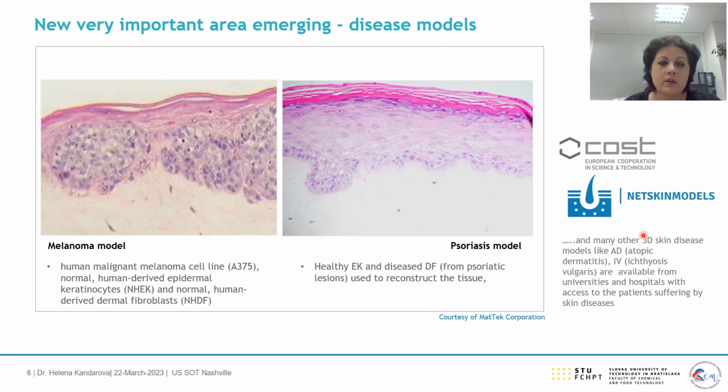Here I would like to mention a new project that has been launched this year. It is a consortium that is organized under the COST initiative. It's called Net Skin Models, and this is a consortium of about 135 experts, mostly from European countries, that will try to develop more relevant and more physiologically representative models of the human skin diseases.